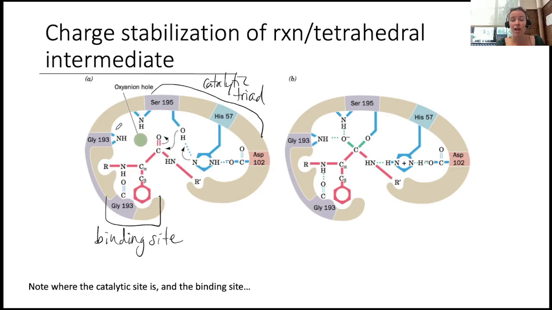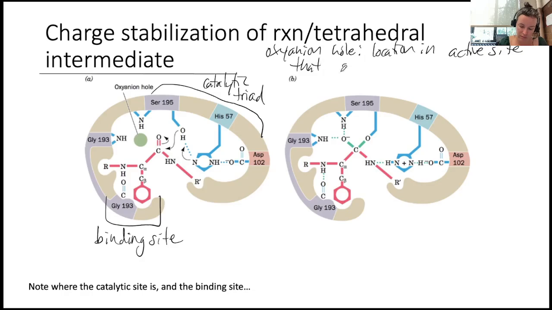And it is a location in the active site that stabilizes the oxyanion. And so let's talk through this.